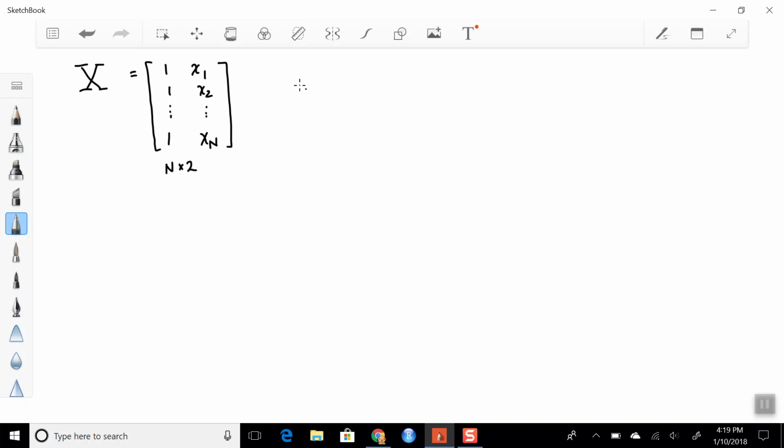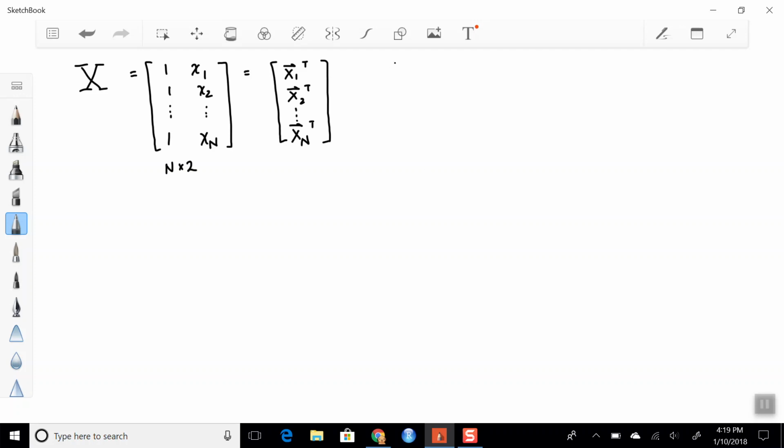And this can thus be rewritten as x1 transpose, x2 transpose, all the way down to the vector xn transpose if you so desire.